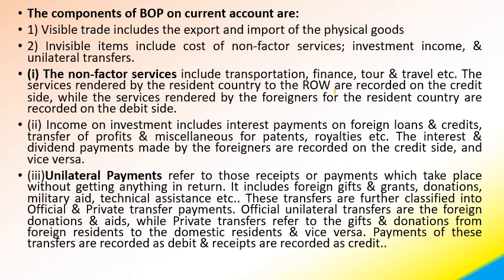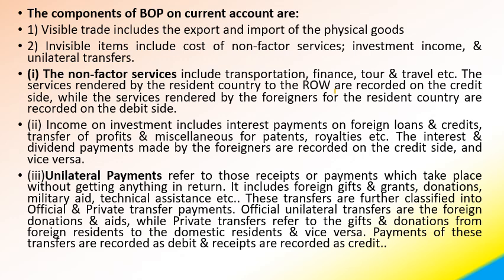So it includes gifts, grants, donations, military aid, and technical assistance. All these, when you are getting them as aid or scholarship, as we discussed, or allowances from the government or foreign countries, are known as unilateral payment.